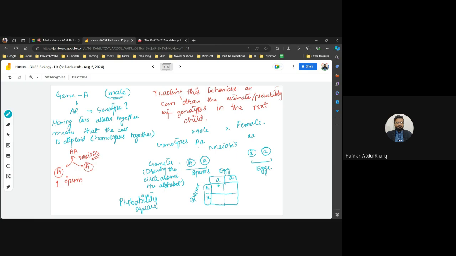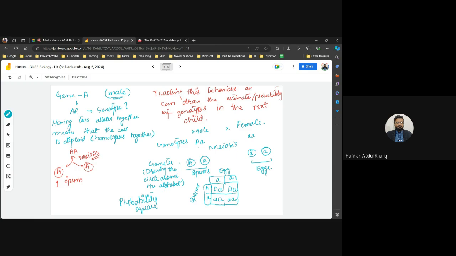Meaning, if this sperm fertilizes the lowercase one, the genotype of the next child would be heterozygous. If this sperm fertilizes this egg, the genotype of the next child would remain the same. If this sperm fertilizes this egg, the genotype of the next child would be homozygous recessive. And if the same sperm fertilizes this egg, the result would be the same.